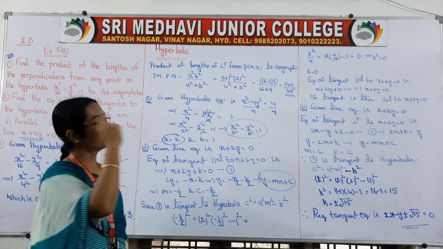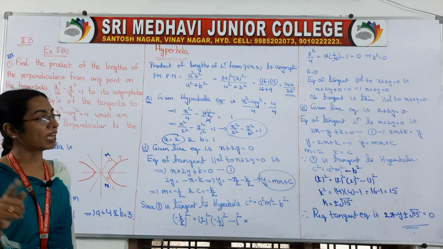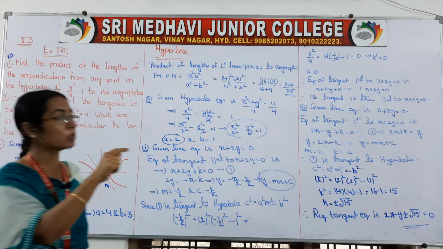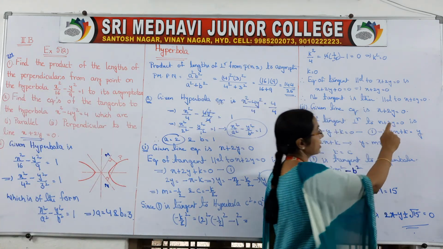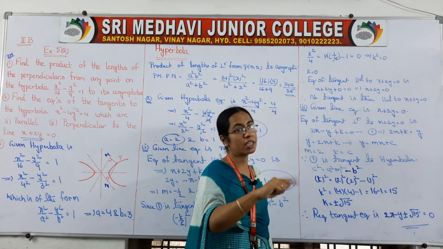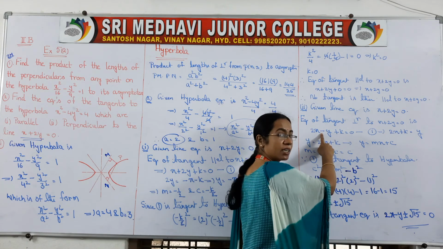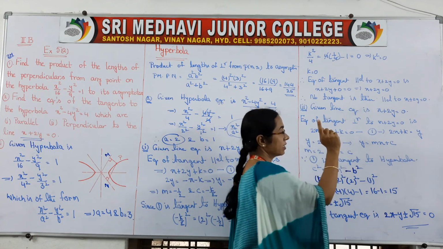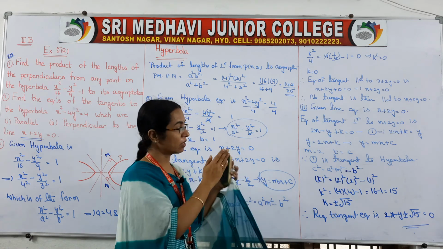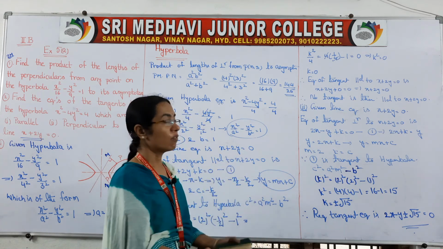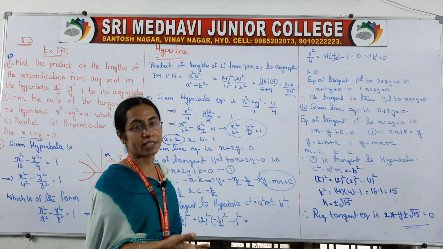Next, come to the second one: we have to find the equation of the tangent which is perpendicular to this line. So, the equation of a line perpendicular to this is: the x coefficient goes to y, the y coefficient comes to x, in the middle we get a minus sign, plus k is equal to 0. Same thing here also: write your line equation in y is equal to mx plus c form, so that we know the m value and c value.